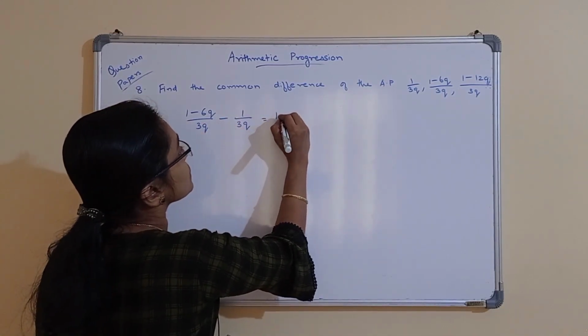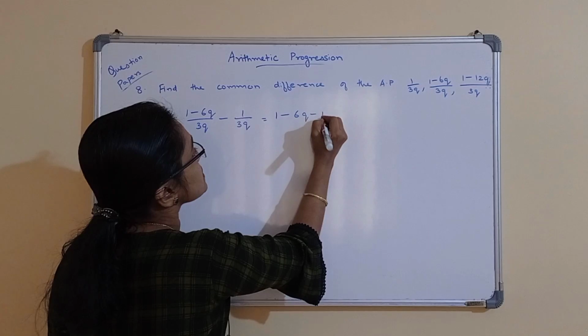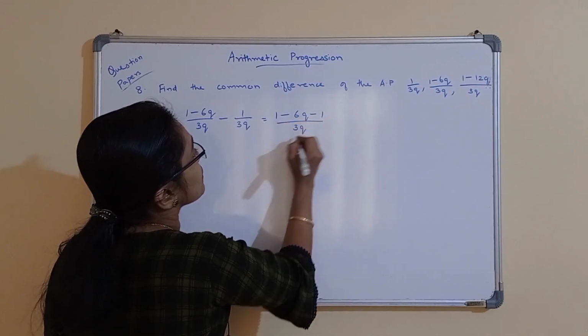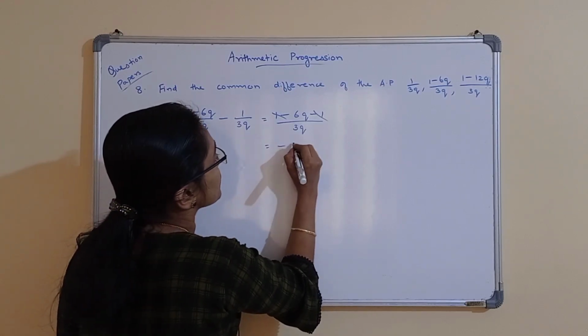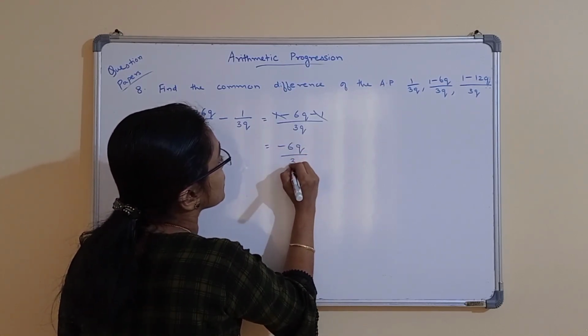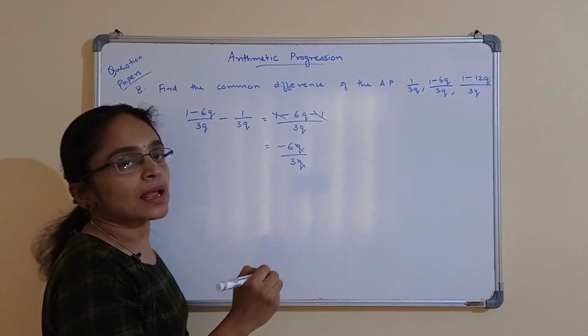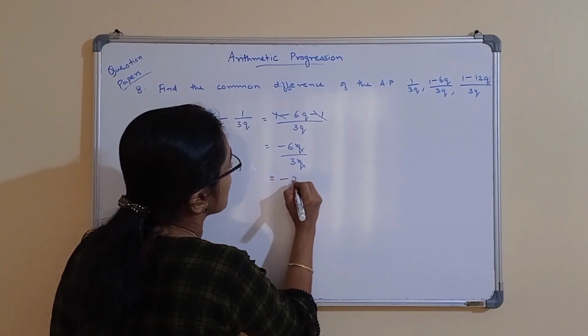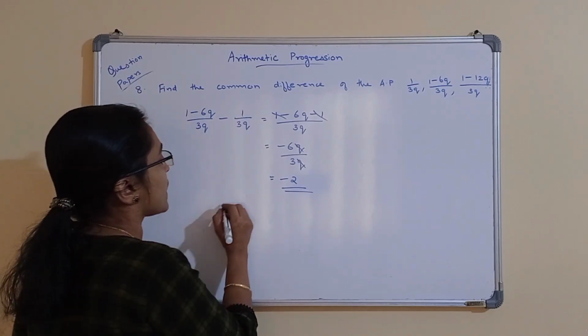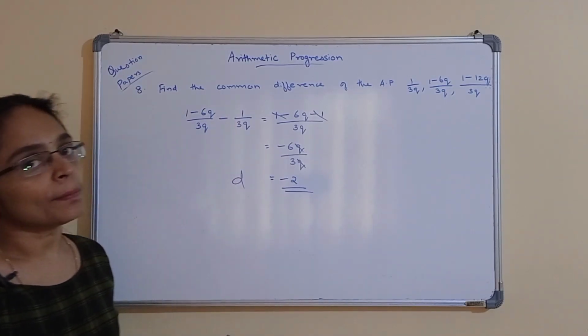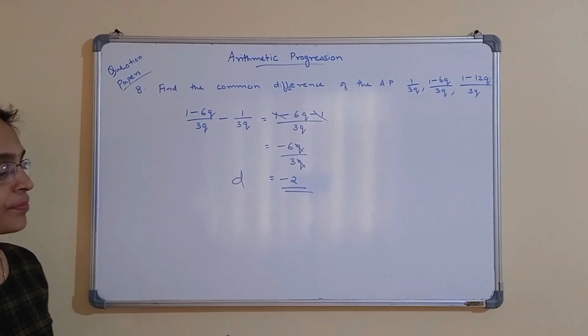So it is equal to 1 minus 6q minus 1 by 3q, which is equal to 1 and minus 1 will get cancelled. So we have minus 6q by 3q. q and q will get cancelled and minus 6 by 3 is minus 2. So the common difference is minus 2. d is equal to minus 2. Okay.